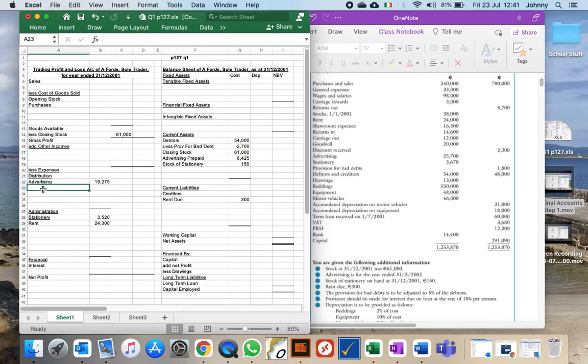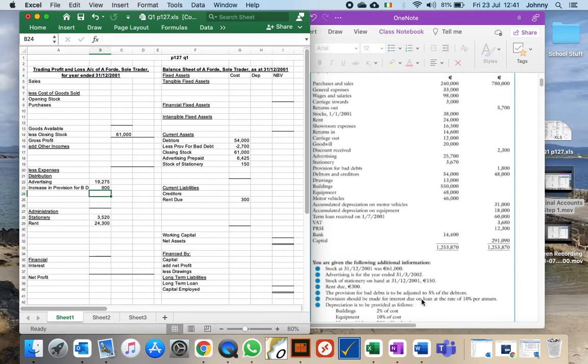So I'm going to put that in here as a distribution expense: increase in provision for bad debts. Okay, now it's gone from 1800 up to 2700, so it's increased by 900.